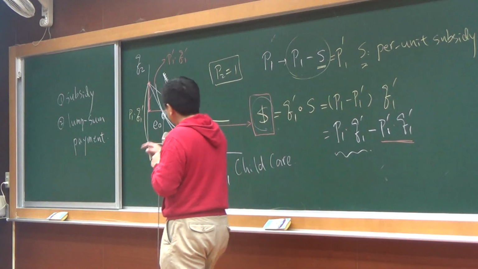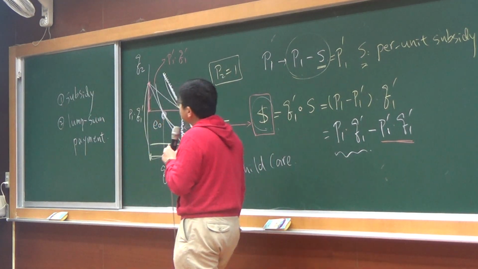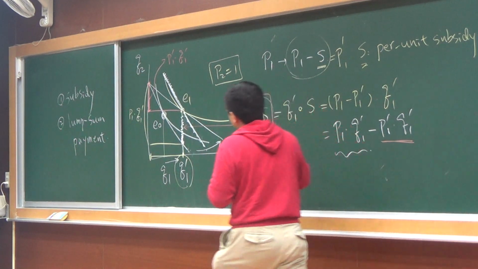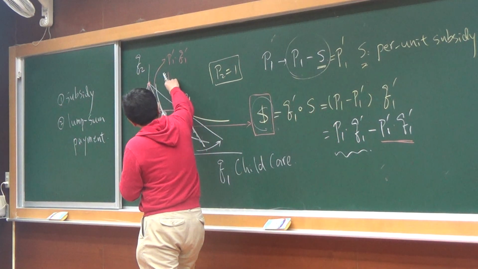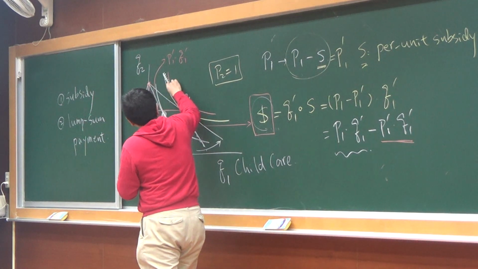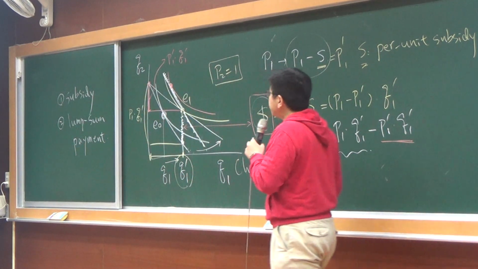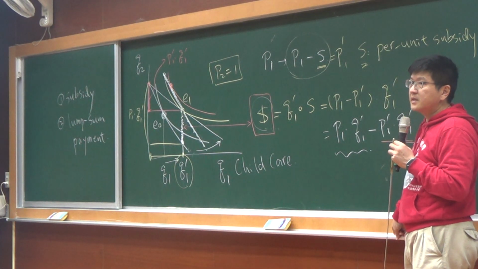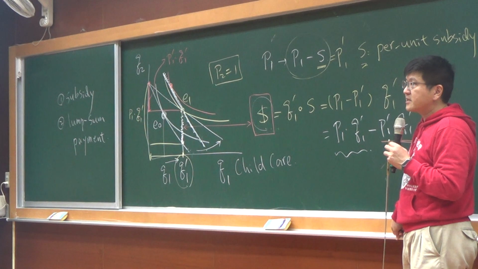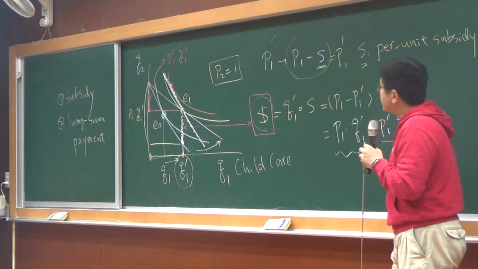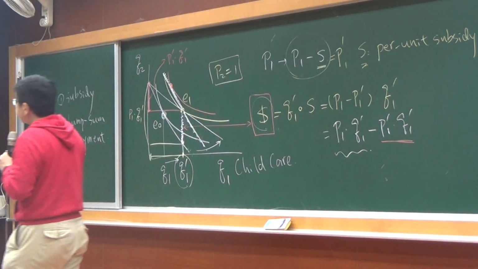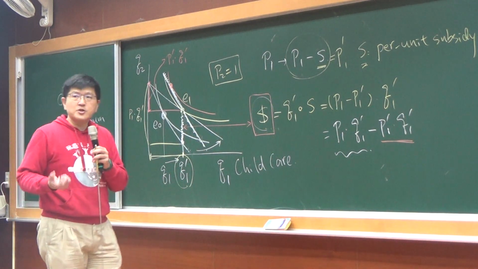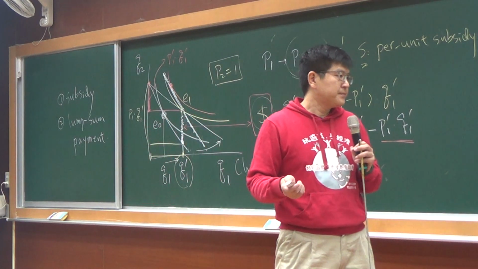However, if you choose policy number 2, lump sum payment, your choice can be here, with an even higher indifference curve, right? Is that clear? So we would say it's better for the consumer if we just give them cash transfer.